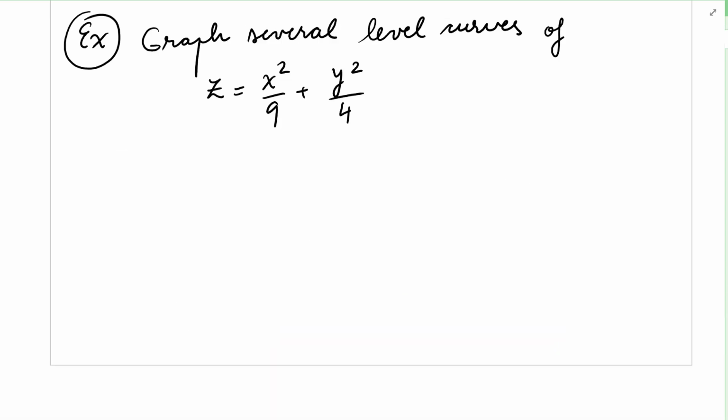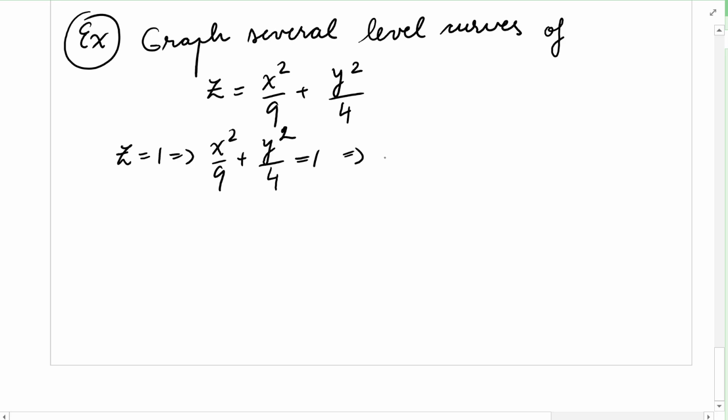And now let's solve one more problem. Graph several level curves of z equals x squared over 9 plus y squared over 4. Now level curves are curves in the xy plane, so this z can vary. Let's say z equals 1. It means x squared over 9 plus y squared over 4 equals 1.